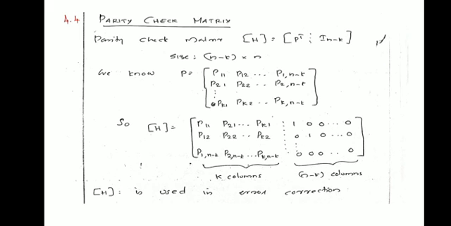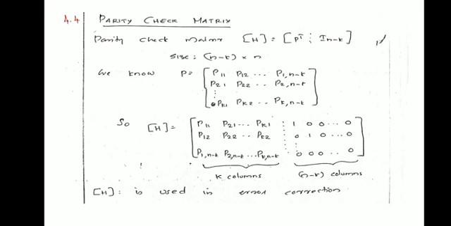We can represent the P matrix as P11, P12 up to P1(n-k), and similarly the last row is Pk1, Pk2 up to Pk(n-k). So H has a first row consisting of P11, P21, up to Pk1, then the identity part as 1, 0, 0 up to 0. Then the last row of H is P1(n-k), P2(n-k) up to Pk(n-k), then 0, 0, 0. The last digit is 1 here, it is not 0 for this identity matrix. The last row's last digit is 1. Here it was represented as 0, that's wrong. Here it is 1.